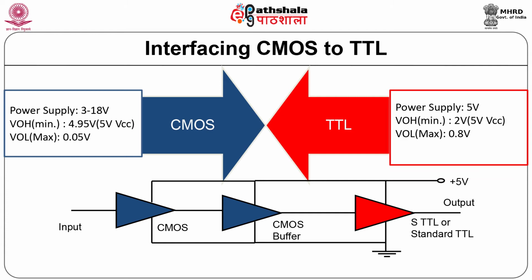When a CMOS IC needs to drive a standard TTL or a Schottky TTL device, a CMOS buffer is used. 4049B and 4050B are hex buffers of inverting and non-inverting type respectively, with each buffer capable of driving two standard TTL loads. The figure below shows a CMOS to TTL interface with both devices operating from a plus 5 volt supply and the CMOS IC driving a low power TTL or a low power Schottky TTL device.